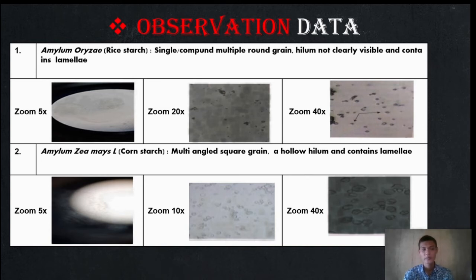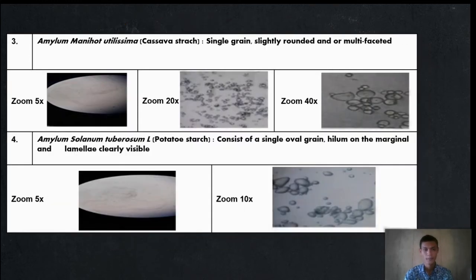For Amylum zeamays L or corn starch, it has multi-angle square grains and a hollow hilum and contains lamella. For Amylum manihot utilissima or cassava starch, it has single grains, slightly rounded and multifaceted.